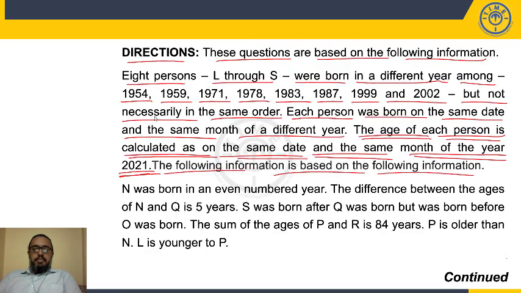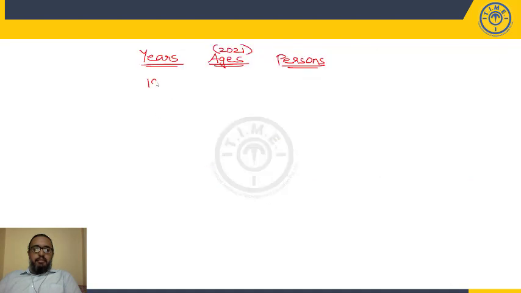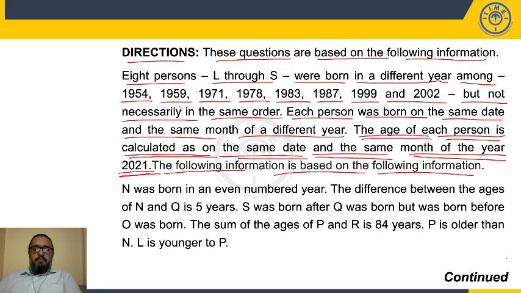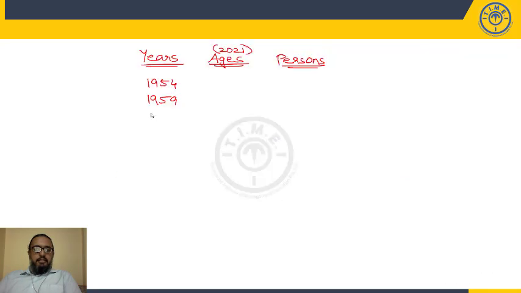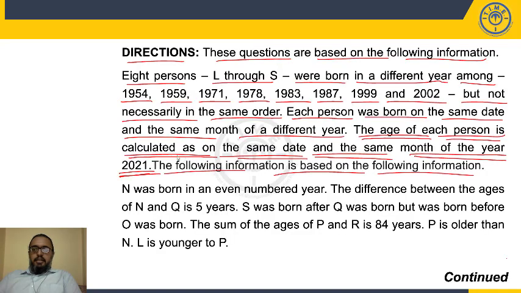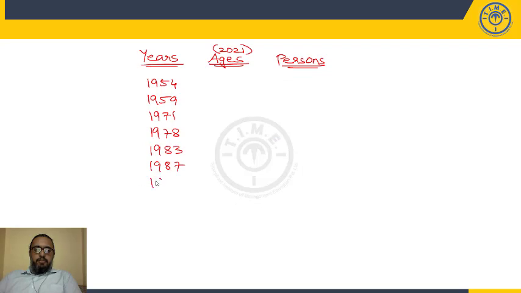Okay. So the years are 1954, 1959, 1971, 1978, then 1983, 1987, 1999, 2002.